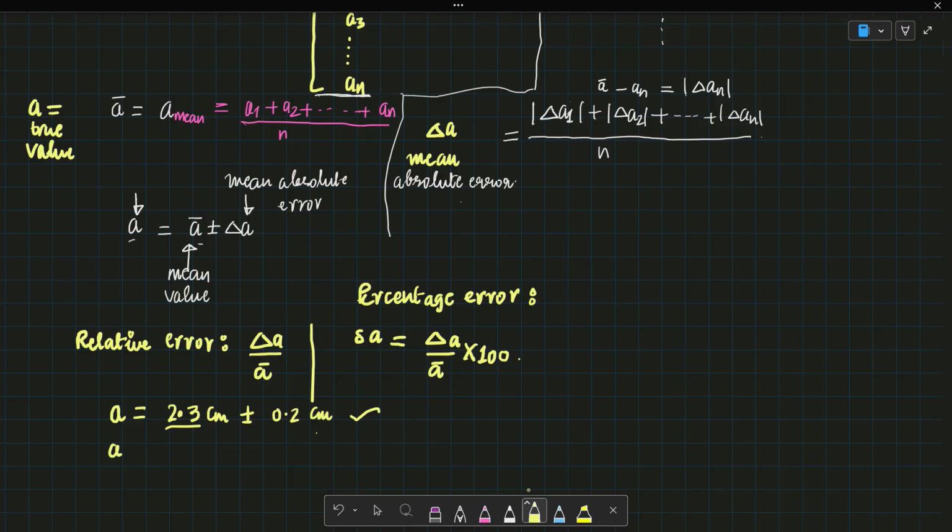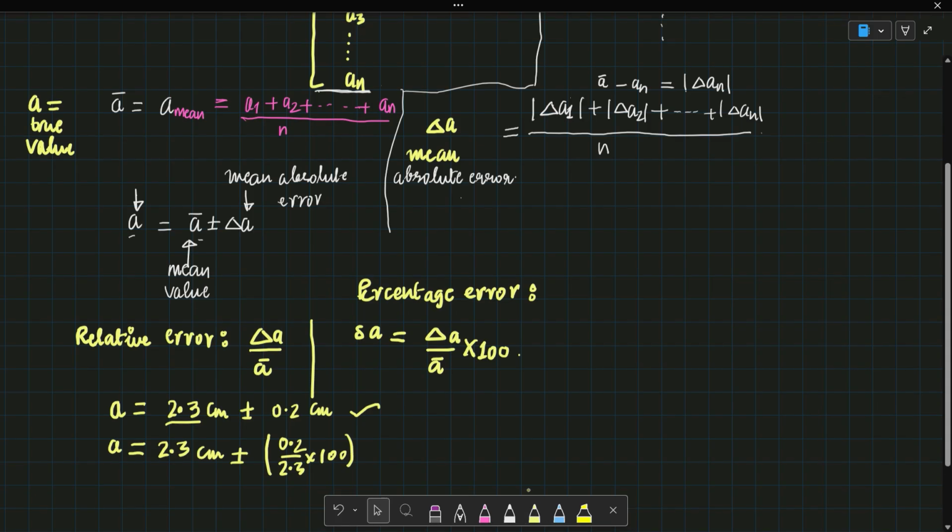So we represent any physical quantity like this, or when you solve questions, you will see that both notations are fine. 2.3 plus minus the error is shown like this, or we can also report it like 2.3 plus minus error divided by 2.3 into 100, which will be shown in percentage.